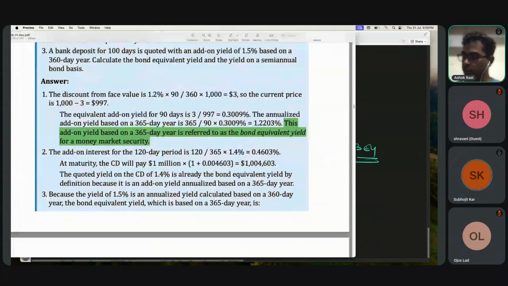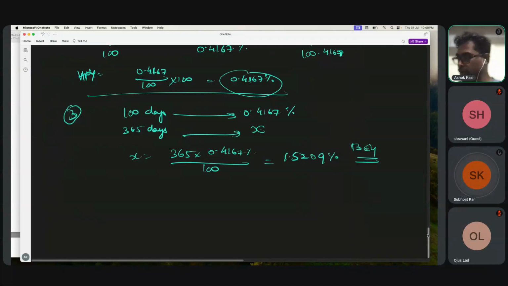Okay, next question. Yield on a semi-annual bond basis. This is another type, semi-annual, which we have not done so far. Yield on a semi-annual bond basis means what?